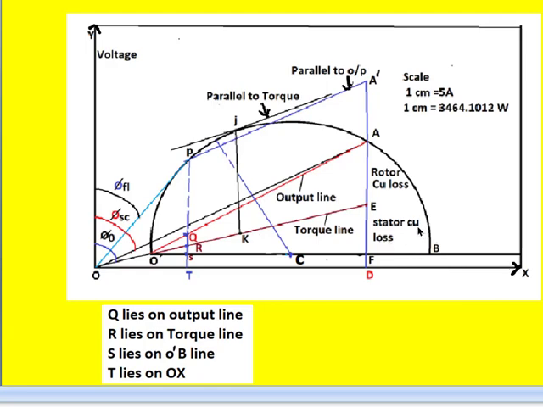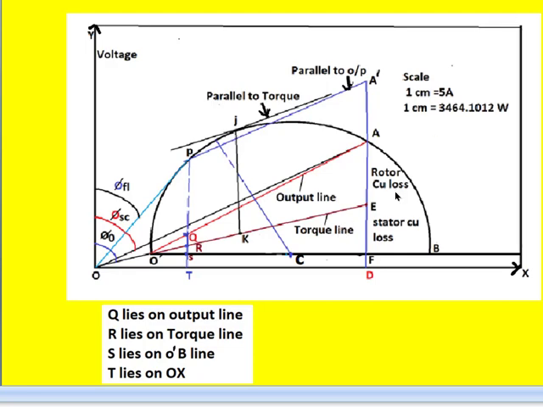In the present situation, the rotor copper loss is half the total copper loss, so AF by 2 is the point, that is E. And from E, draw a line joining to the point O dash. This O dash E we call the torque line.